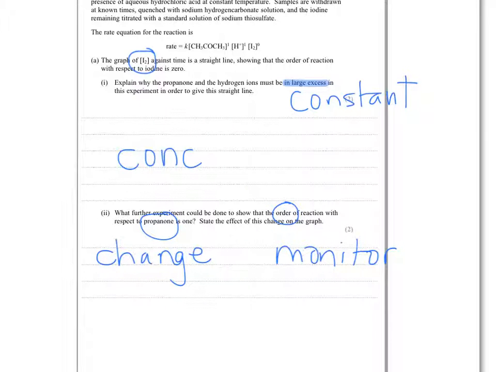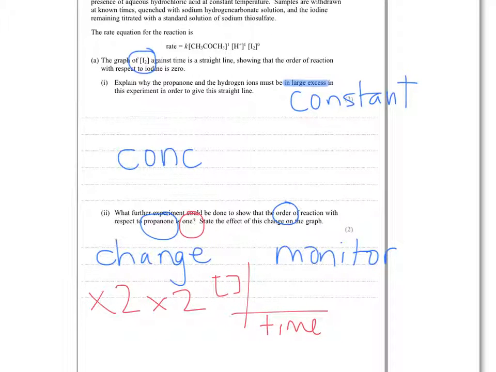Things that we would expect to see if this was order 1 would be every time the concentration doubled, the rate would also double, so we have a proportional relationship in terms of the change in concentration and change in rate. We would also expect any graph of concentration against time to have a constant half-life. So it would be a curve and you would have a constant half-life, sometimes referred to as t half.